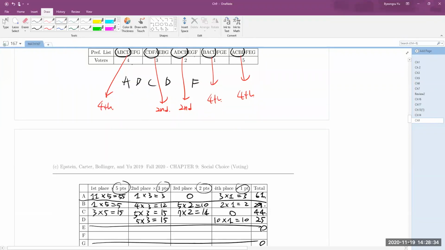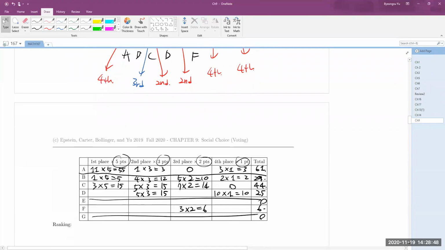And in the case of F, F only happened in the second preference in third rank. So F got 3 times 2, 6 points from third place. So that's the completion of the table, right? Then you can just compare those numbers.